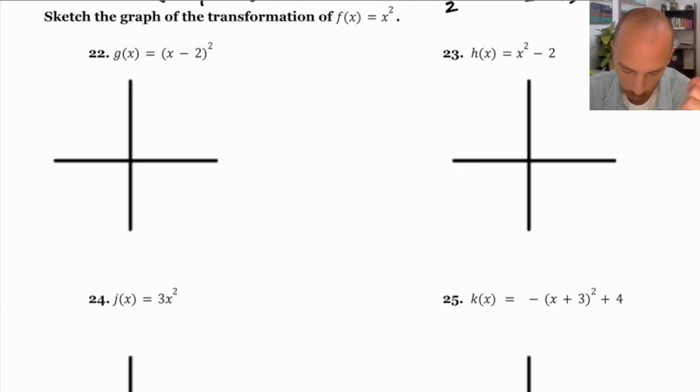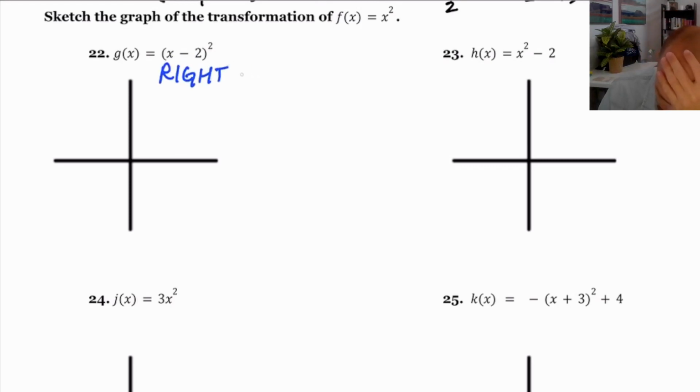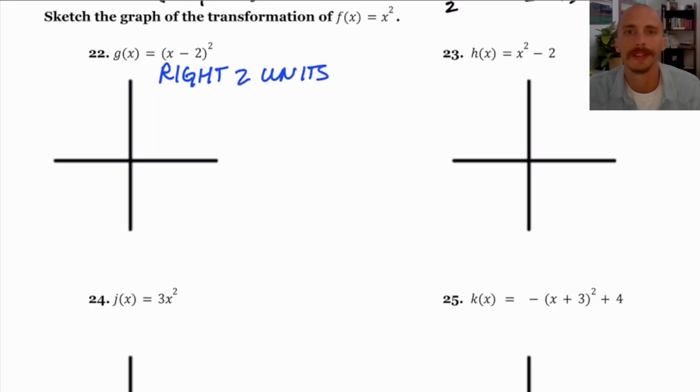All right, now we're going to transform the graph of y equals x squared. Okay, so g of x is going to equal x minus 2 squared. So that's going to be right by 2 units. We did a multiple choice question that was like this one.